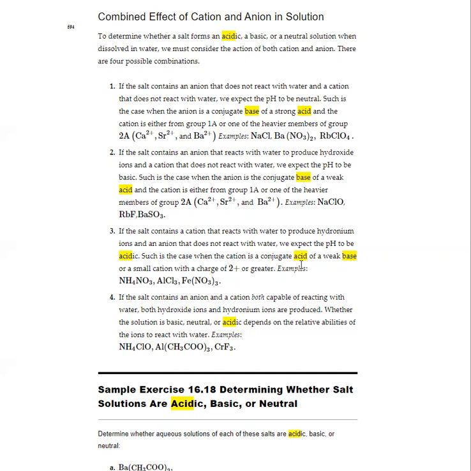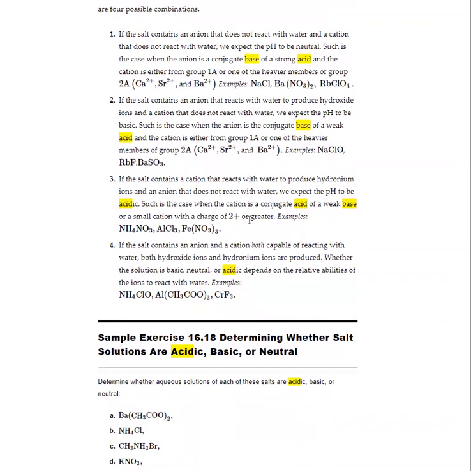The relatively strong conjugate acid is stronger than the conjugate acids that a strong base would form, but it's still considered a weak acid. The weak acid comes from a weak base. So when you mix a weak base and a strong acid, you're going to have an acidic salt, which is obviously going to make the solution more acidic.